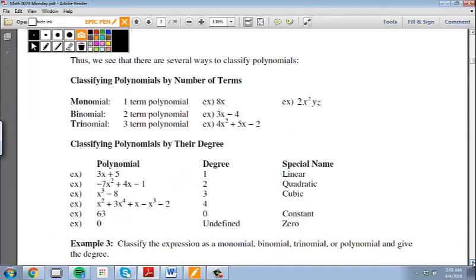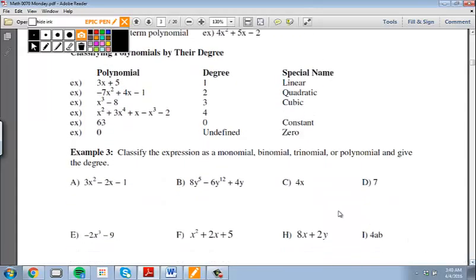And there are also several ways to classify polynomials. We talked about classifying by number of terms, like 1, 2, 3 terms, or monomial, binomial, trinomial, but you can also classify them by their degree. Anything with degree 1 is linear, degree 2 is quadratic, degree 3 is cubic, degree 4, I didn't put this down because it's not as common of a name, but quartic.